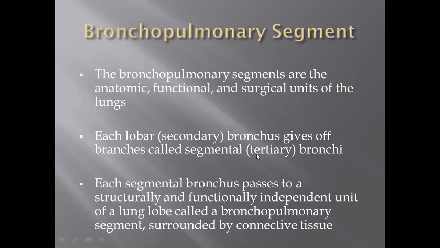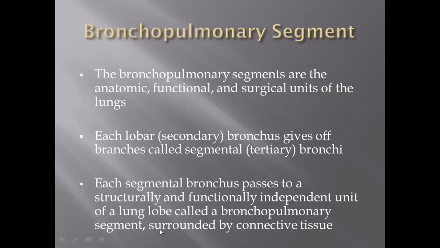So at the tertiary level, right, these bronchi divide. Each segmental bronchus passes to a structurally and functionally independent unit of the lungs called a bronchopulmonary segment, surrounded by connective tissue.